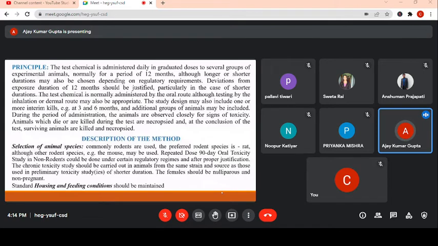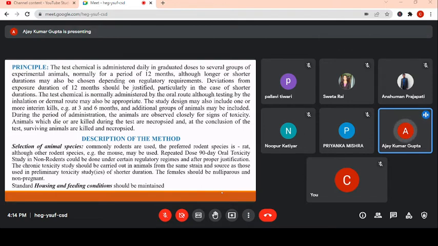Let us see the description of the method. First of all, there should be proper selection of animal species, as this particular guideline, or this part of the content in your syllabus, is with reference to preclinical studies. So commonly rodents are used.